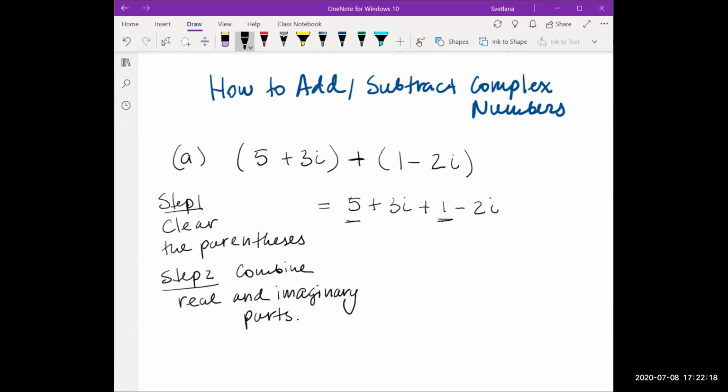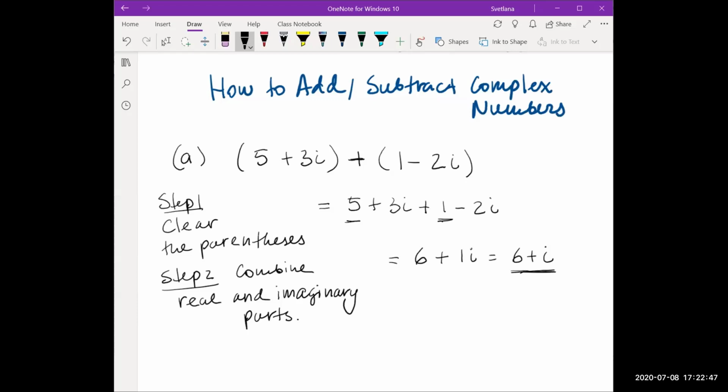I'll combine them: 5 plus 1 is 6. And the imaginary parts are 3i and minus 2i. 3i minus 2i is just 1i, so I can write 1i or just i. So I can rewrite it as 6 plus i. And that's another complex number that we obtained. We added two complex numbers, and here's the new complex number we ended up with.